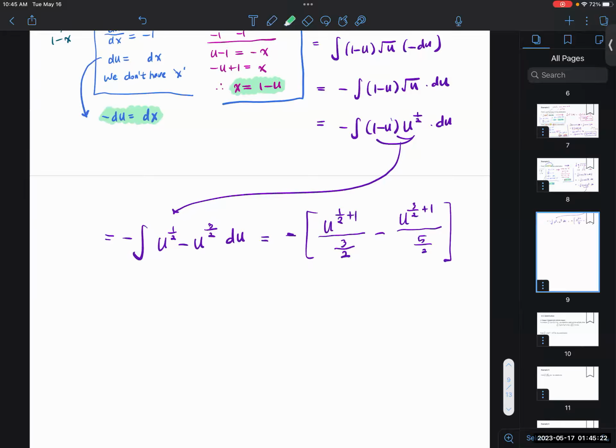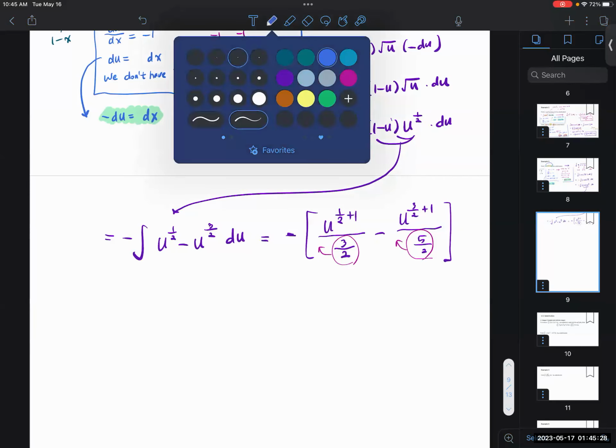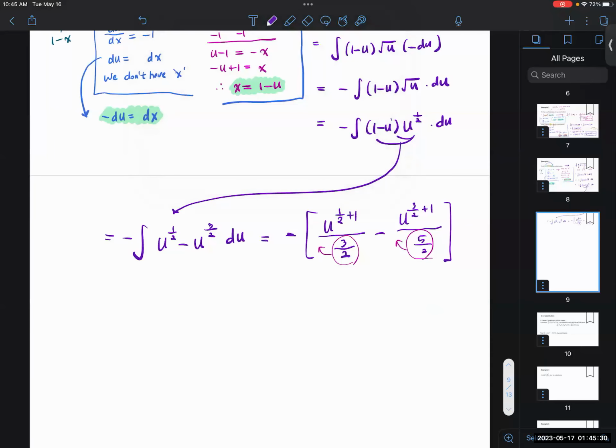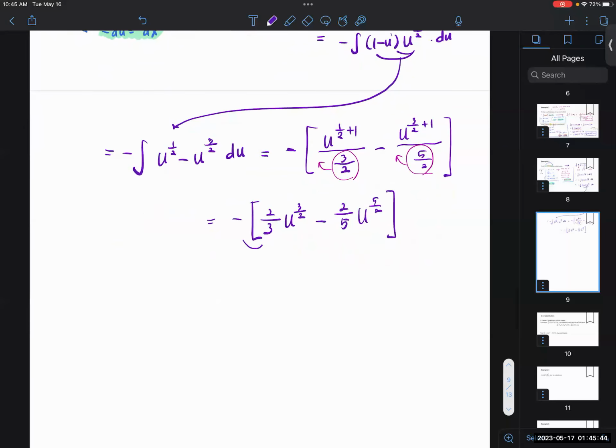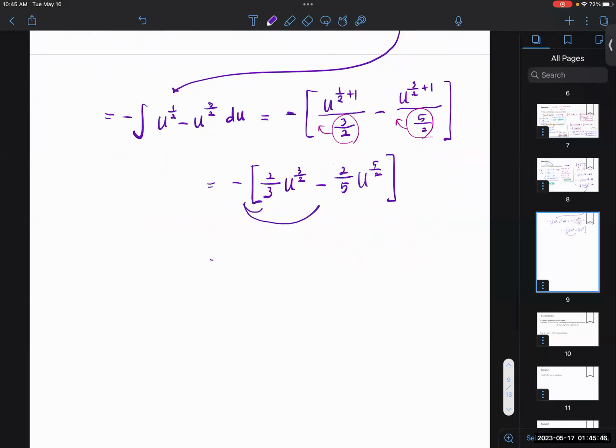Now the denominator is ugly, so I can bring this one to the top, flipping over. So that would be negative 2 over 3 u to the 3 over 2 minus 2 over 5 u to the 5 over 2. So I'm going to do the distributive property with the negative one more time. Negative 2 over 3 u to the 3 over 2.